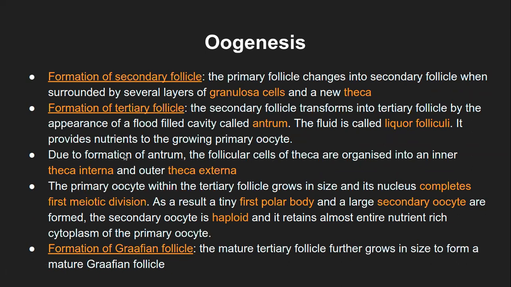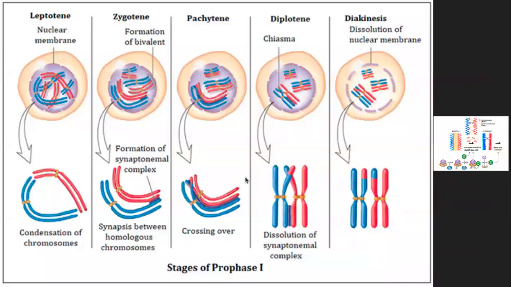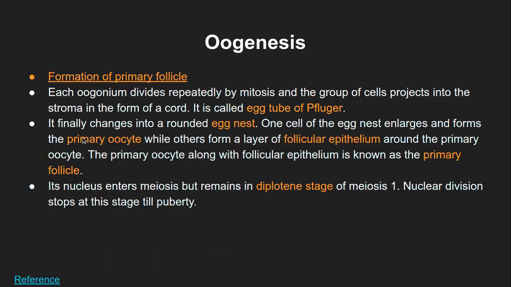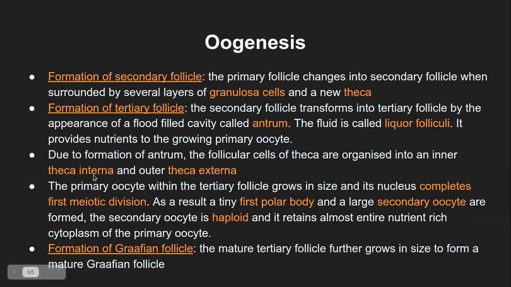Within the tertiary follicle, the single cell which was enlarged in the primary follicle will still remain as it is. The changes are happening only to the outermost layers, that is the follicular epithelium. So even up to the tertiary follicle stage, what you have is the primary oocyte, which is developing slowly.